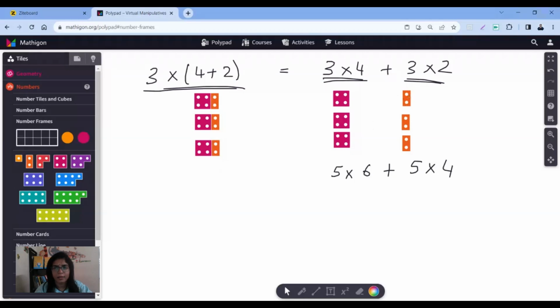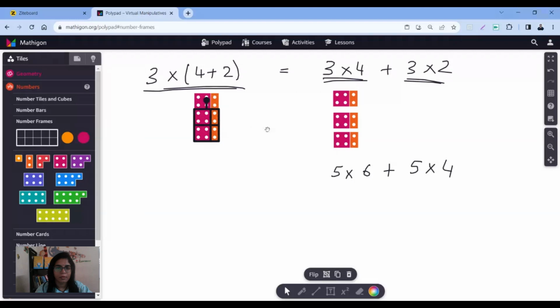Both the sides? Let's see. Wow. It's exactly same, right? Exactly same. How? That's the magic in math, and that's the magic in distributive property. It makes our life easy. I'll also show you why it makes our life easy.